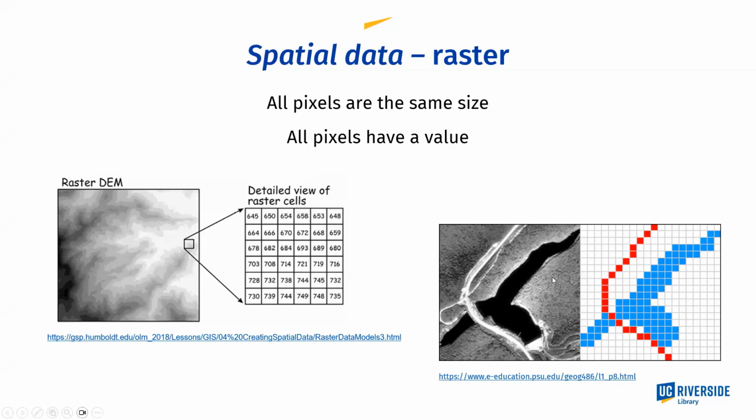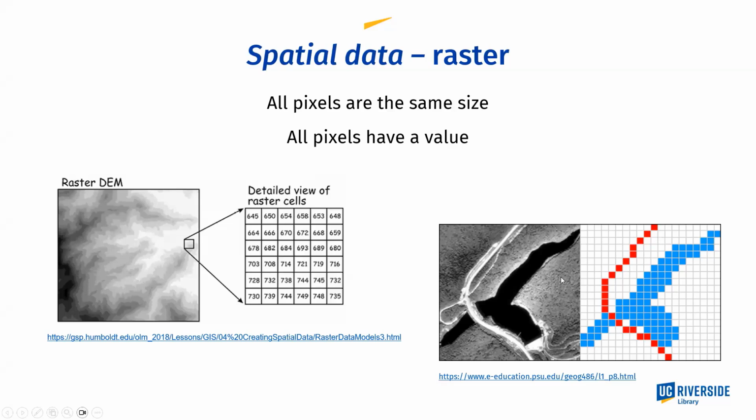On the right, this is a very old image showing you that with raster capabilities in GIS, you can derive maybe some classification of the features on the landscape based on the characteristics of the image.